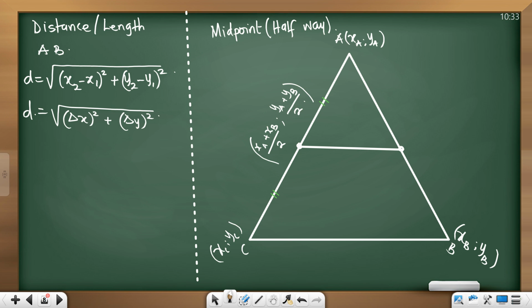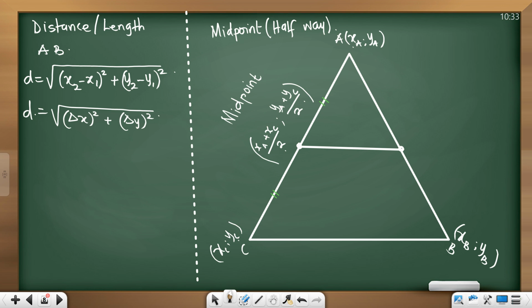Why am I using, this is C. Right? Why are you looking lost? Halfway. XA plus XC divided by 2, X value. YA plus YC over 2. Why? We are saying mid what? Point. What does the word mid mean? Middle. And middle means what? Half.